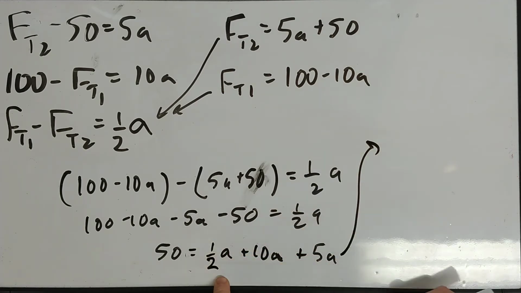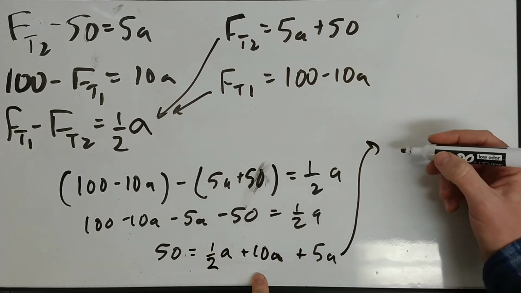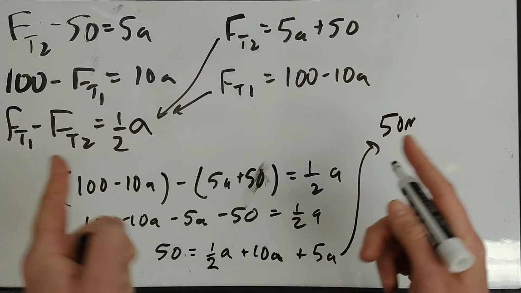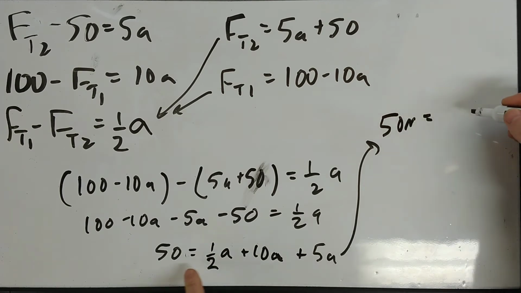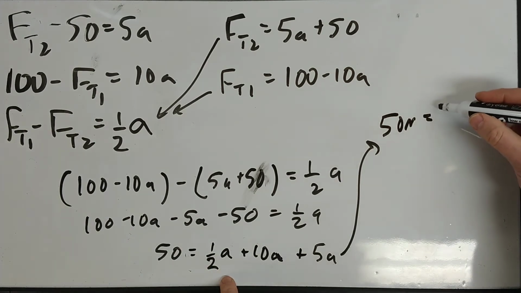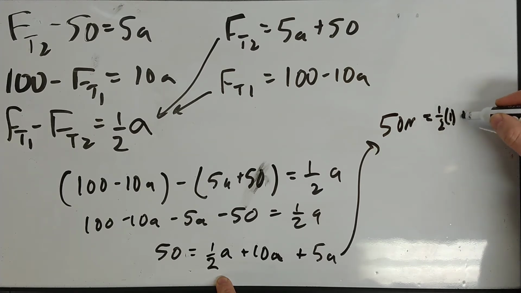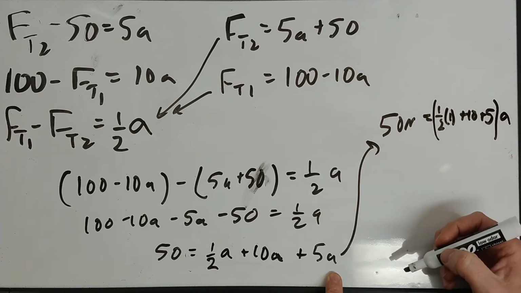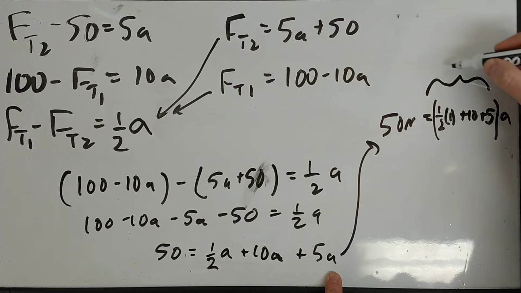Because look, if I sum this all, I get 50, which is the net force, the difference between both sides, equals the total mass, it's 1/2 of, well, there's a 1 there actually, plus 10 plus 5, right? That actually is basically the total moving mass times the acceleration. Believe it or not, this is 1/2 the mass of the pulley plus 1 plus m1 plus m2.